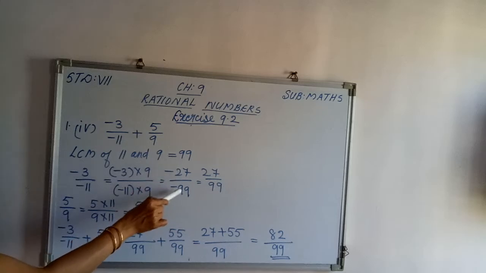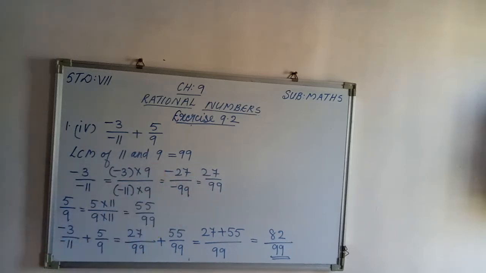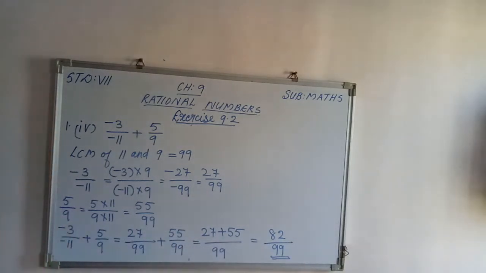We get minus 27 upon minus 99. That can be written as 27 upon 99. Both are positive rational numbers. So 5 upon 9. 9 into 11 you will get 99. Then 5 into 11, 55. When you add you will get 27 plus 55 upon 99. 82 upon 99 is the answer.